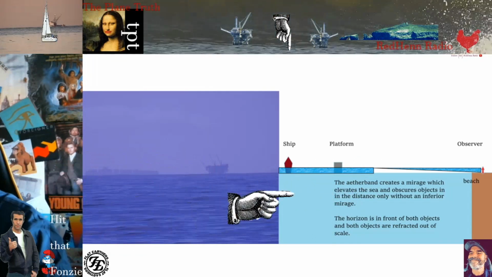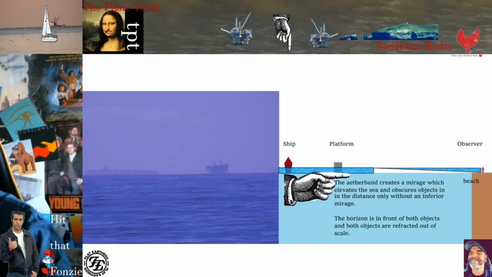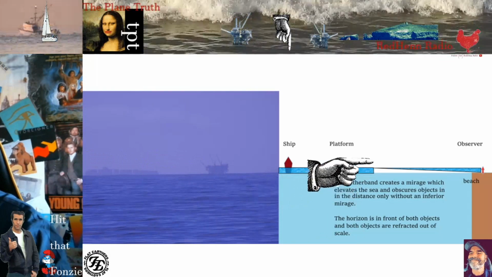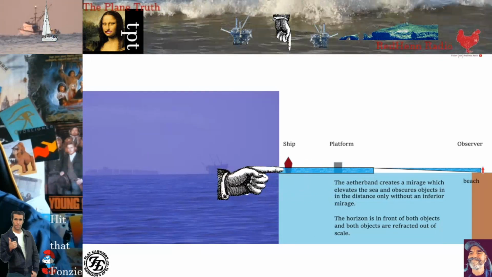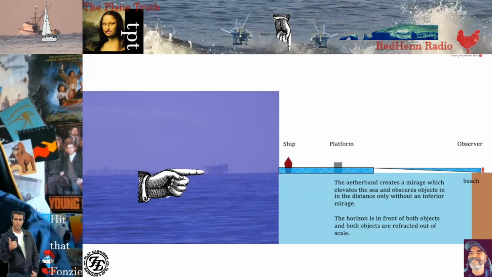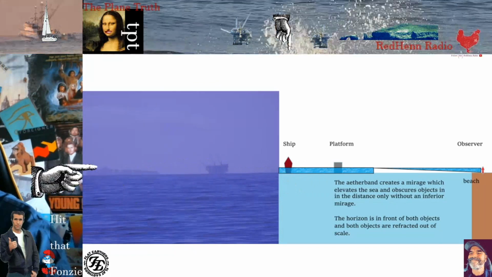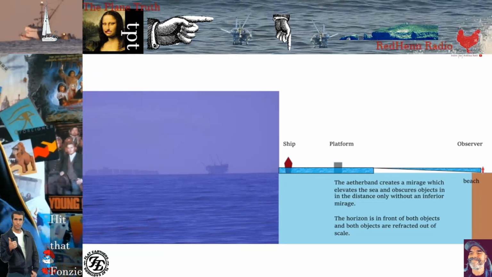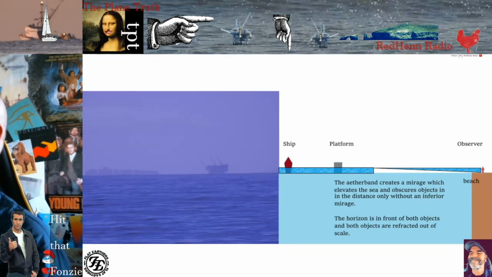Okay, and you're going to see this in my proof of concept, that this ramping up will block this stuff behind it, depending on how far away. This platform is closer than this shipping freighter. Okay.